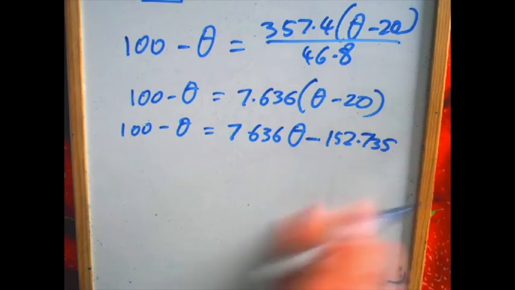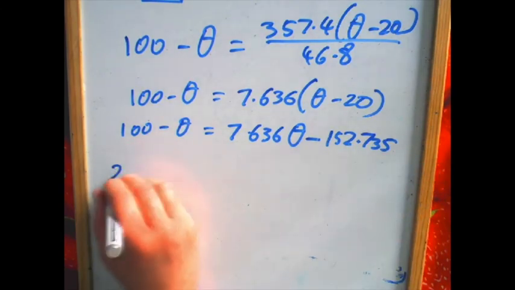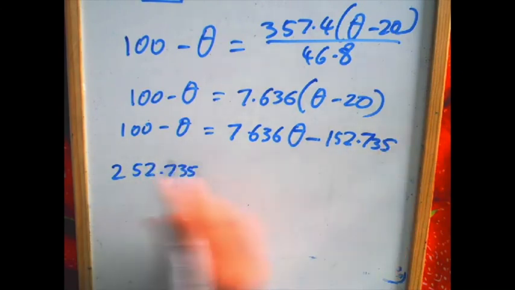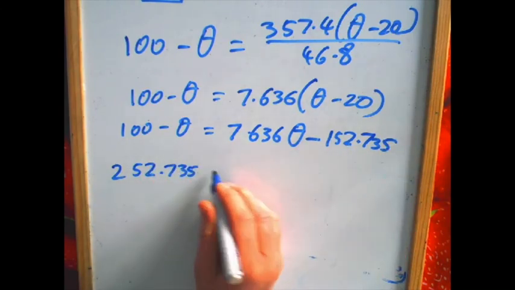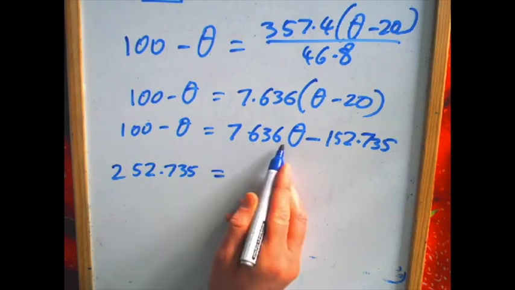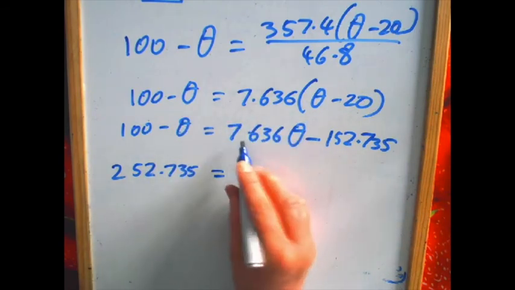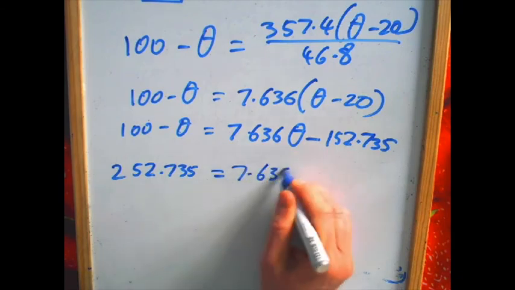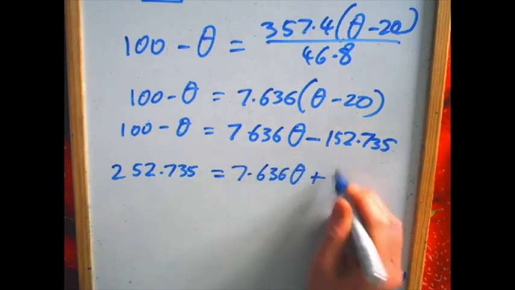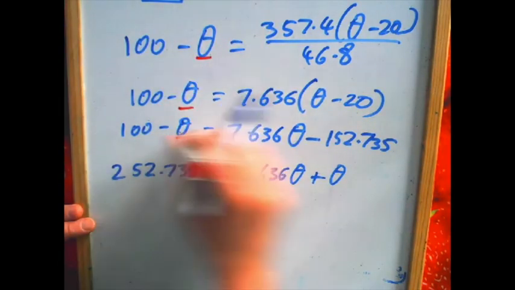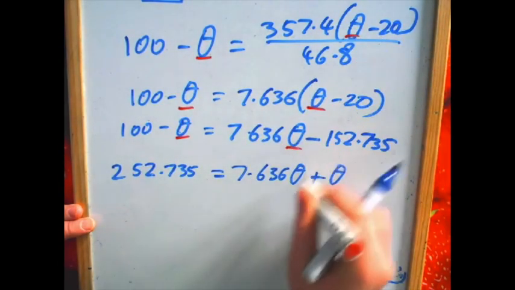Let's bring this number across, giving me 252.735. 100 plus this, I'll bring this across, adding to both sides, is equal to, on this side, we had 7.636 theta. Let's bring this theta across, which gives us 7.636 theta plus theta. And I am just going to underline that so you can see the thetas.